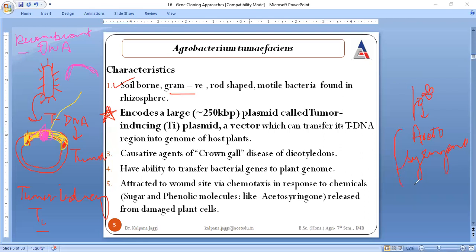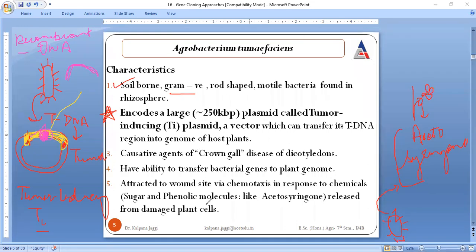Due to the release of this chemical, these bacteria which are available in the soil are attracted towards the plant, and they come near the rhizosphere, right?